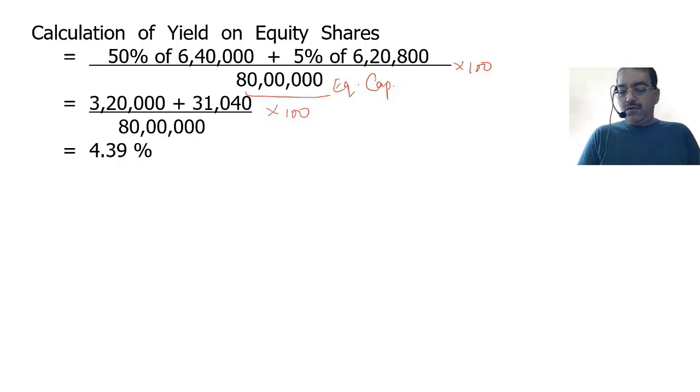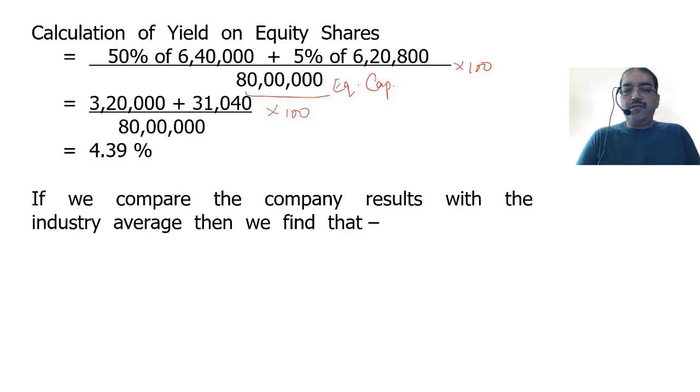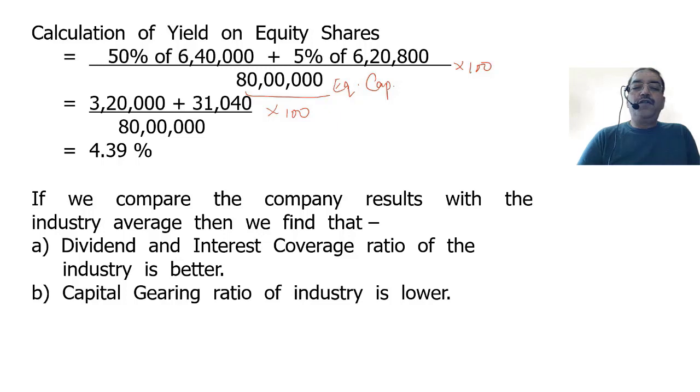So let us write down. If we compare the company results with the industry average, then we find that A, dividend and interest coverage ratio of the industry is better than us, is higher than us, 3 times. We are having less than 3. So industry profit is more, our profit is less. Capital gearing ratio of the industry is lower, that means less borrowed funds, less risk.